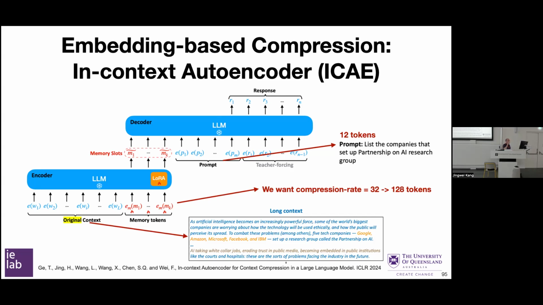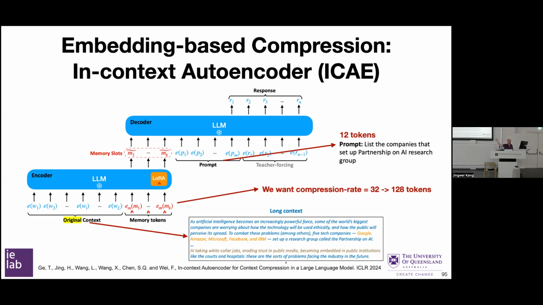Doesn't sound right. No, 128 tokens is the memory slot. We have way more tokens in our context. I think it's 32 by 128 tokens in our context. We want to compress 32 by 128 into 128 tokens that are our memory slots. We want to send those 128 tokens to our decoder.